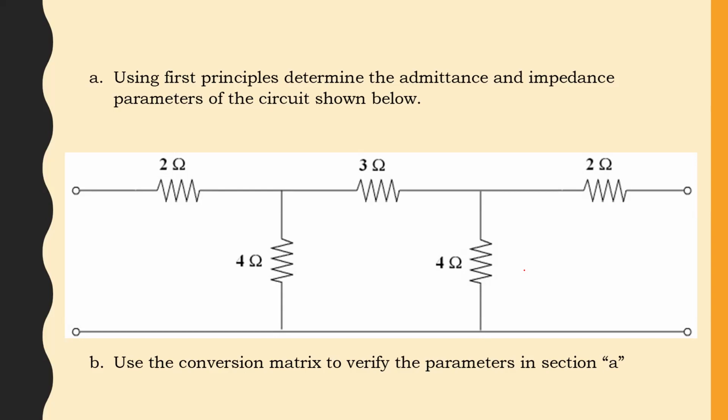So I found the Y parameters using nodal analysis. And given that we know that the impedance is equal to the Y inverse, the capital Y parameters inverse, I found the impedance by that formula.